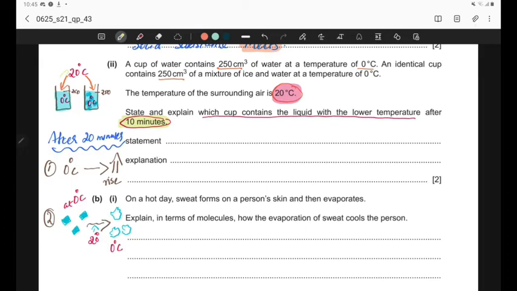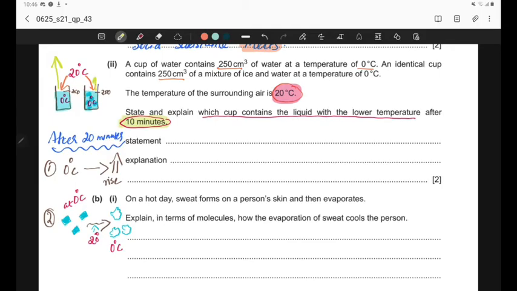So cup 1 will easily increase its temperature as it absorbs heat from outside and directly increases its temperature. But for the liquid in cup 2, as it uses some of the atmospheric heat just to change the state from ice to liquid, it won't increase its temperature as quickly as cup 1.